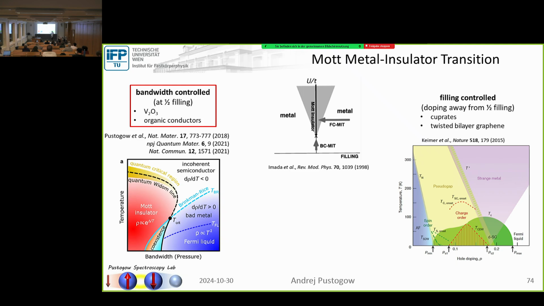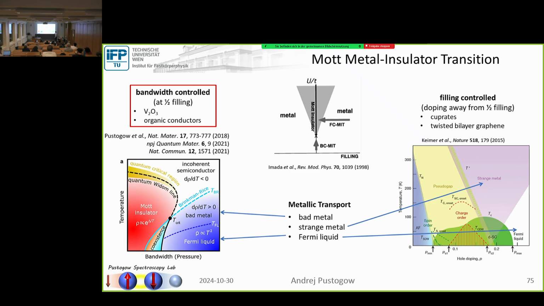And this way one can go either to the Mott insulator by changing the bandwidth vertically, or you can go in or out by changing the doping. But the problem is cuprates cannot be pressurized to become metallic, and vice versa, organics can usually not that well be doped. So they have exclusively different parts of this phase diagram which they study.